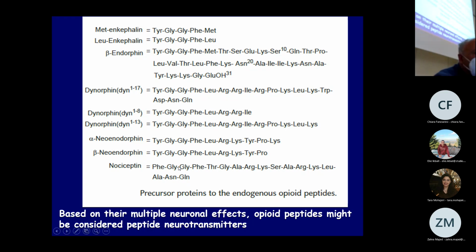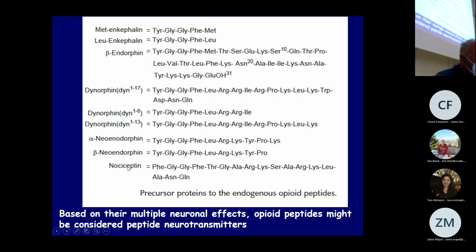You see a long series of amino acids, but the first 5 amino acids in all of these precursors are the same series as in leu and met enkephalin.